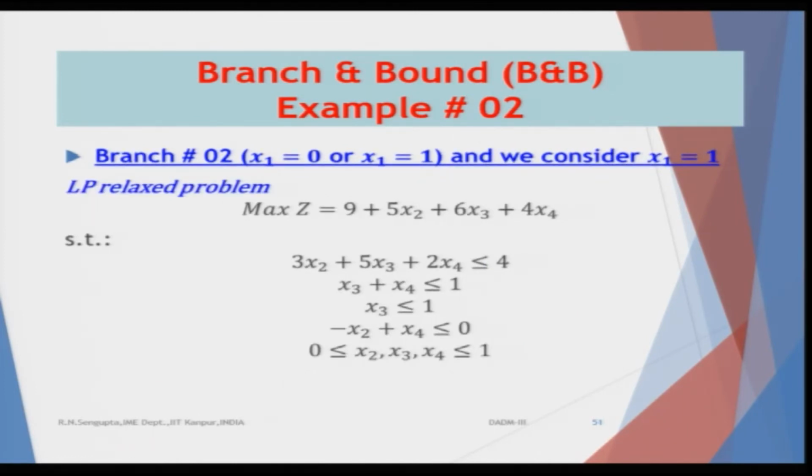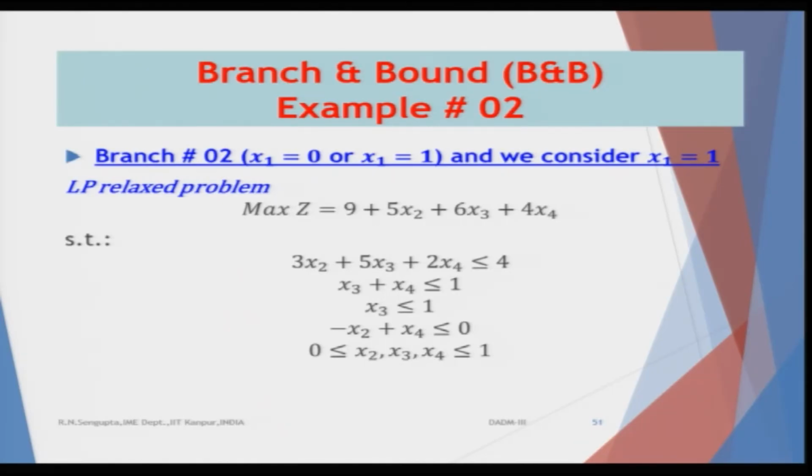Now, we will relax the problem, that means make it a linear programming problem. The objective function remains the same, and the first constraint is the same with respect to what we have just discussed. The second constraint remains the same, the third constraint remains the same, which is x3 less than or equal to 1, and the fourth constraint remains the same, minus x2 plus x4 is less than or equal to 0.